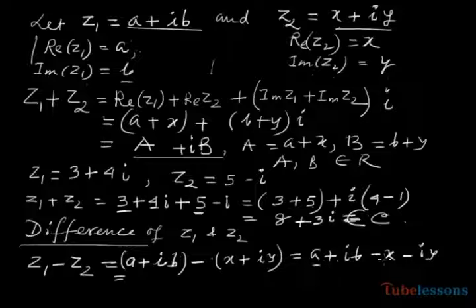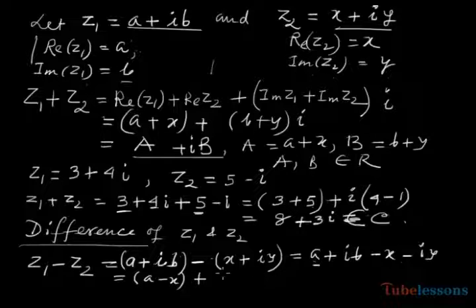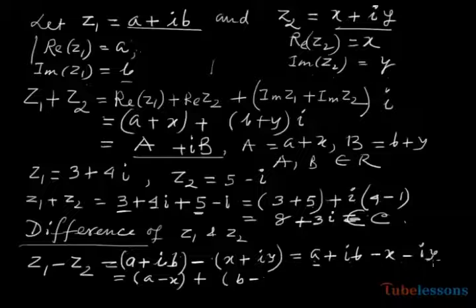Now like the previous one, we first add up this and this. So it becomes a minus x. This is the real part, plus b minus y.